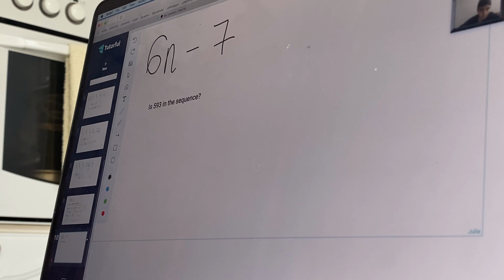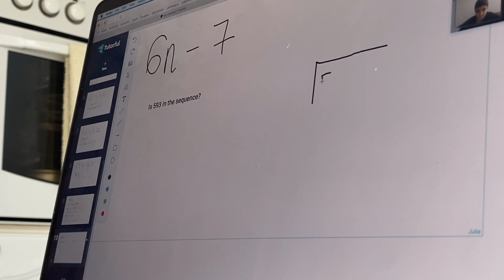That would be really good, but the problem is that 6 doesn't divide 100, so we need to make sure we do the whole number. If it was something like 4n, then that would be okay, but because 6 doesn't divide 100, we can't do that. So you need to do the whole 593.